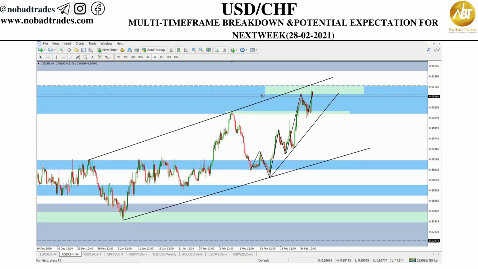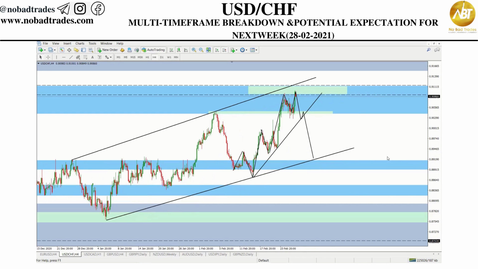If it should reject price, we're going to be looking at the break of this level, the break of this structure and the break of the trend line. Then we can make our move to this level to take our profit. This is what I'm personally looking at.